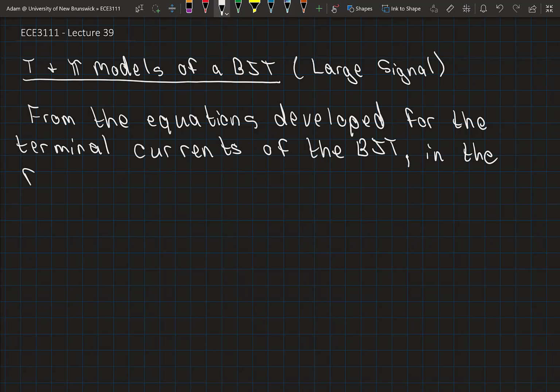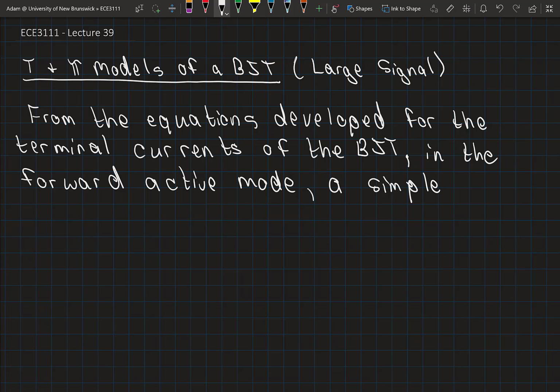So in the forward active mode, a simple T model, as it's referred to, looks like this.